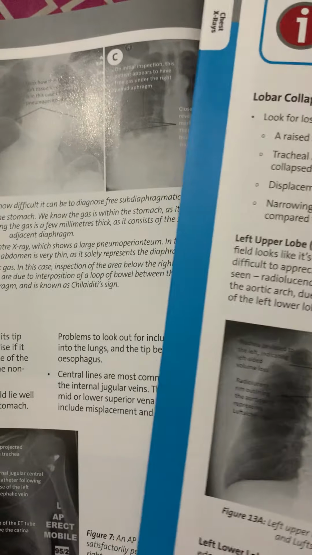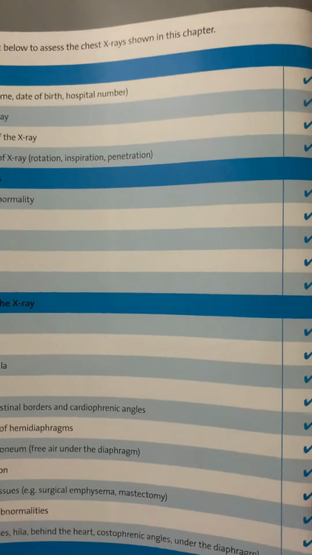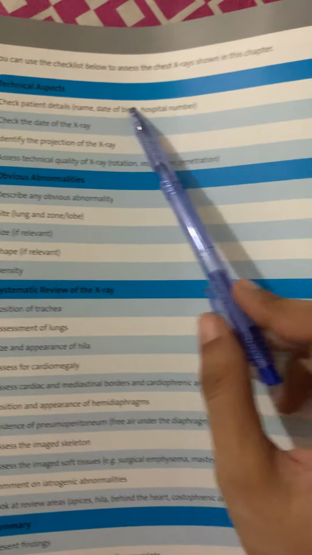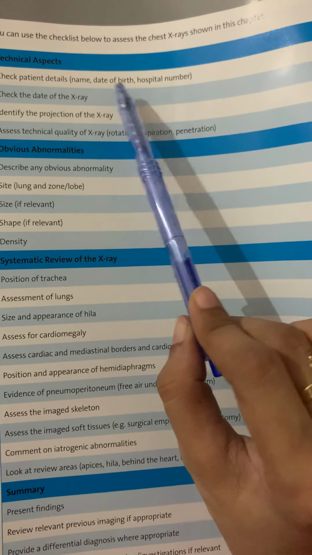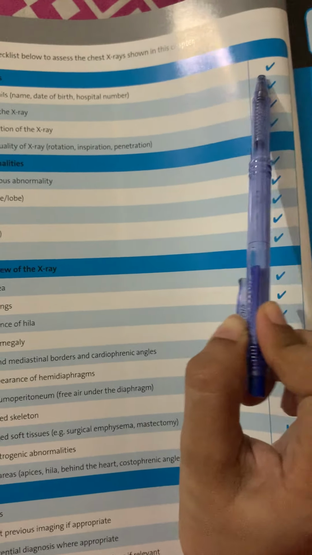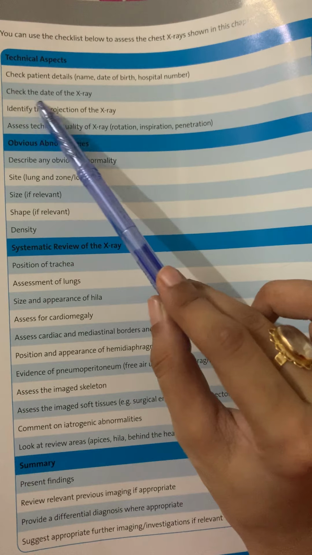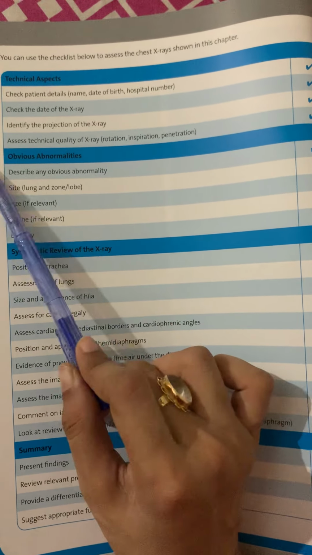Now coming towards the checklist to assess a chest X-ray. On the technical aspect, you will check the patient details: name, age, date of birth, and hospital number. Then you will look for the date of the X-ray. Then identify the projection of the X-ray.